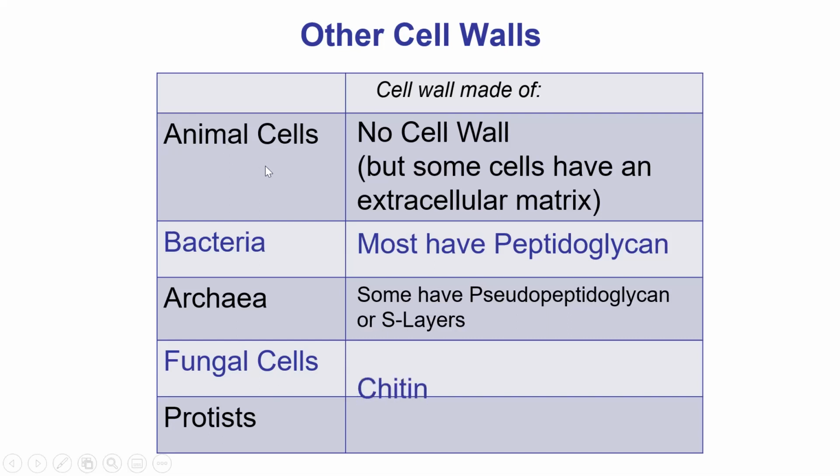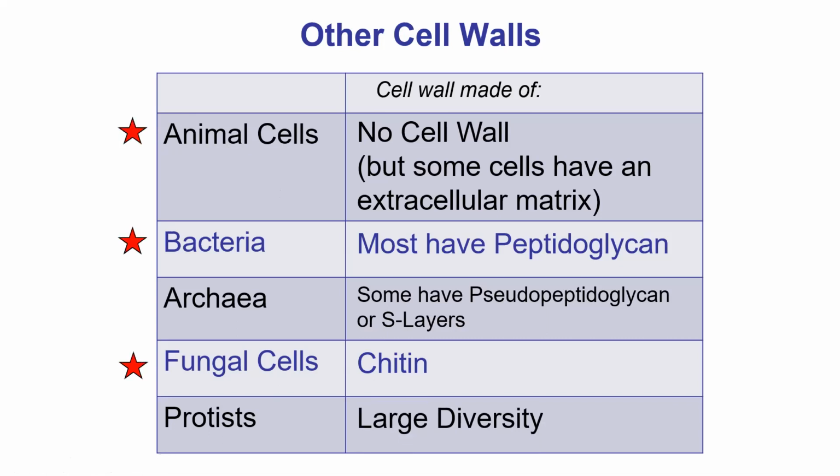Come back to that in a moment. Fungal cell walls are made out of chitin, and protists, there's quite a bit of diversity there. So what are the most important ones? Plant cell walls are important, animal cells, bacteria, and fungal cells. The archaea and protists, I've kind of just mentioned them for completion, and I think I have a slide on each of them, but really not going to go into any detail on those particular types of cell walls.